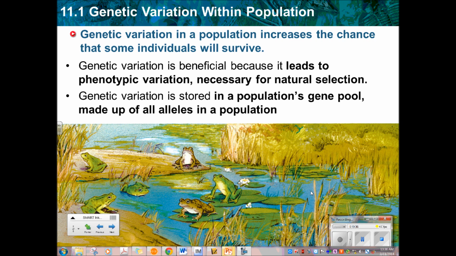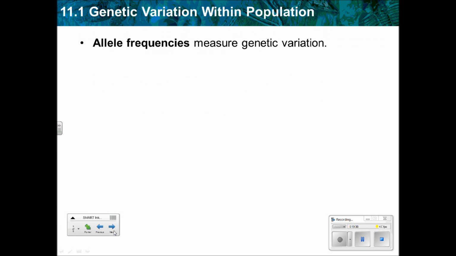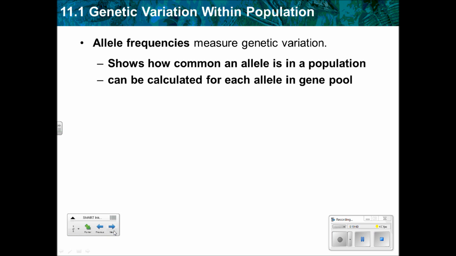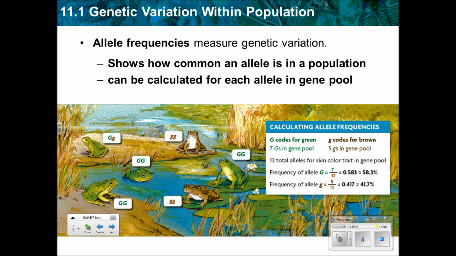Okay, so now let's look at the alleles in this population. So allele frequency is how we measure it. Frequency, how frequent something happens. It shows how common an allele is, and in this case you're talking about the big G that codes for green skin versus the little g that codes for that brownish skin.